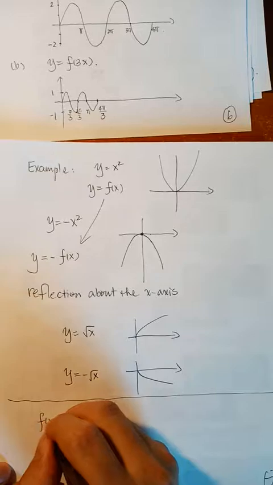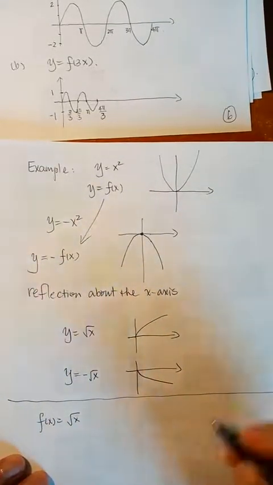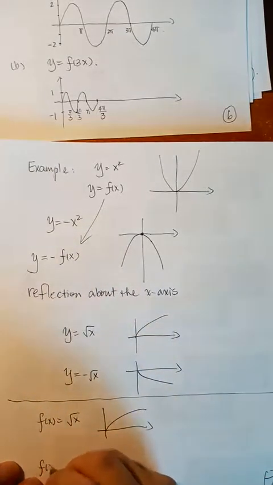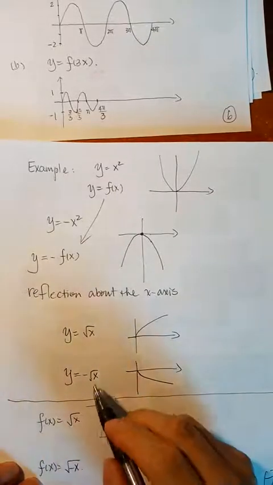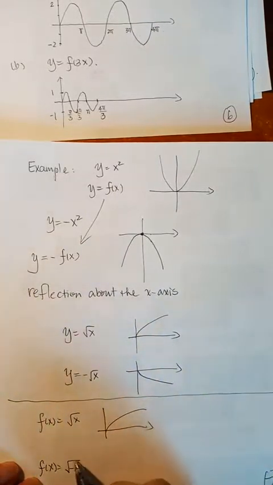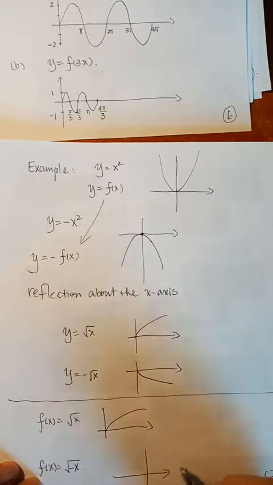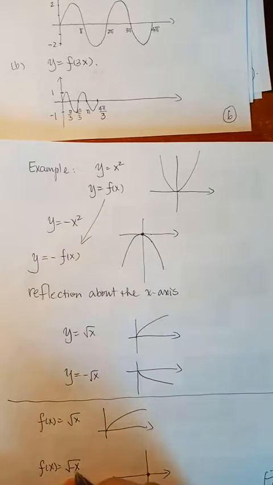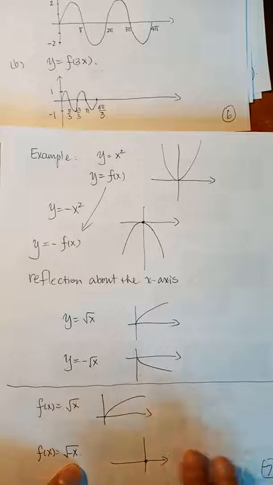So for example, the same thing, square root function. And the graph is this. What happens if we talk about square root of negative x, not a negative square root of x? This is a negative square root of x. Here's a square root of negative x. If this happens, let's check. So first of all, when x is 0, you have 0. When x is 1, it's negative 1. Square root of negative 1 is undefined, so you cannot have the right part.